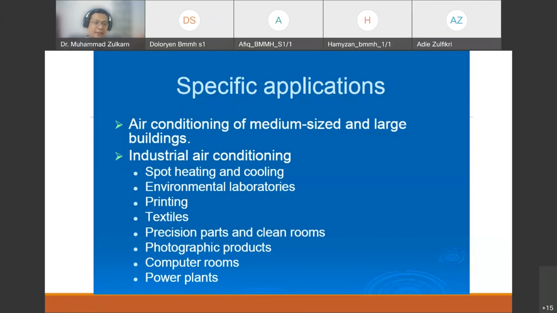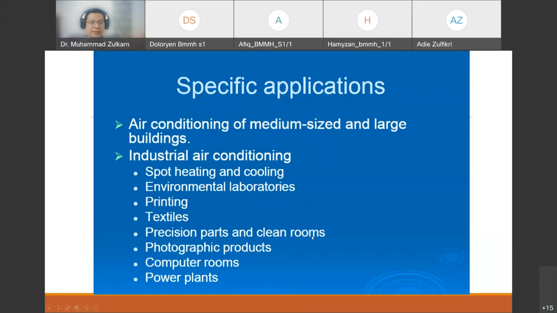Some applications cover the biggest areas, so I think they are not suitable for your project. But I want to show only some parts of the applications. You can see the HVAC system in medium size and large buildings. Some applications are in industrial air conditioning.